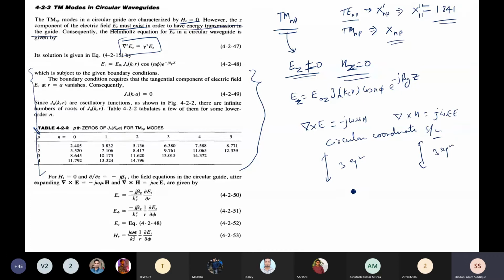These can be written in terms of Ez by taking 2 equations here and 2 equations here.